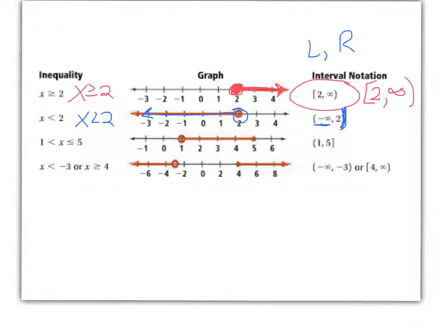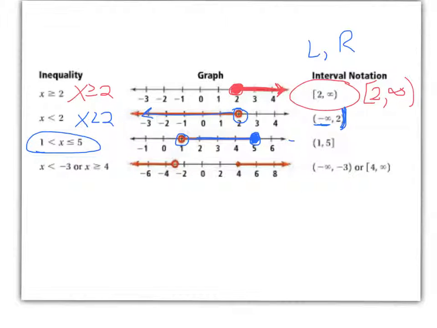Okay, now those are just regular inequalities. Now, when we get into compound inequalities, this third one, we have 1 is less than x, which is less than or equal to 5. So that's an and inequality, and you would have an endpoint at 1, open circle, and an endpoint at 5, closed circle because it's less than or equal to, and then you have the shading in between 1 and 5.